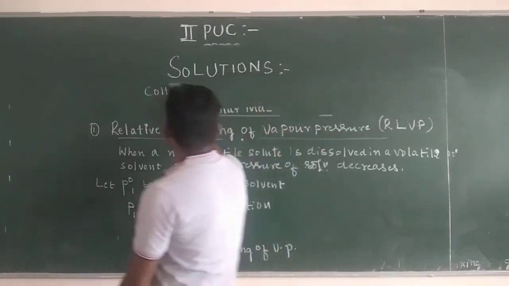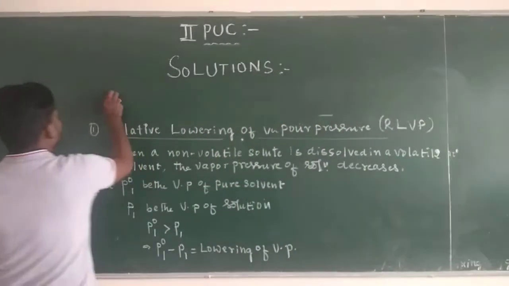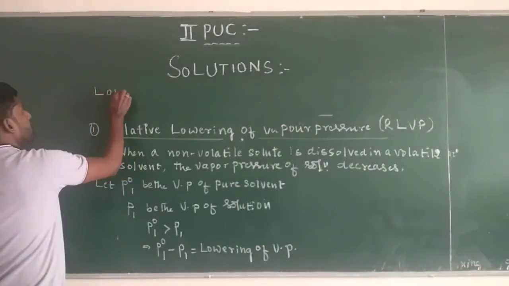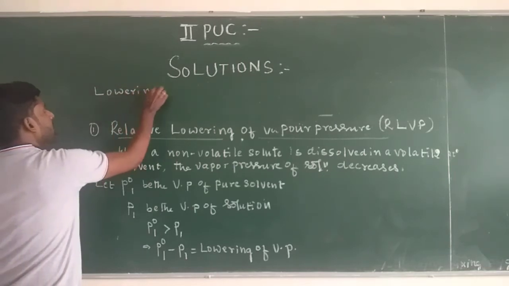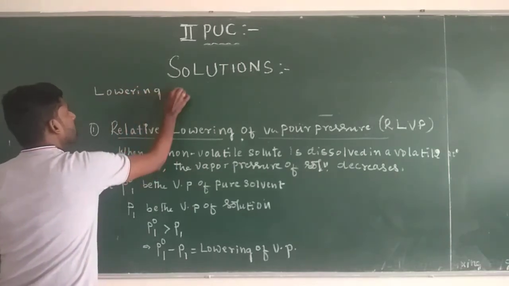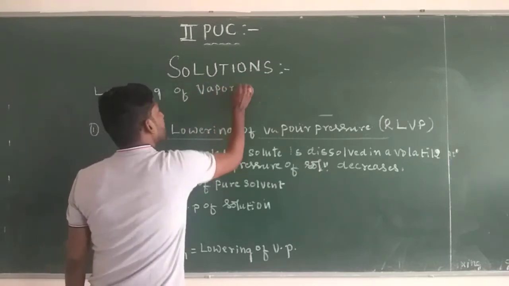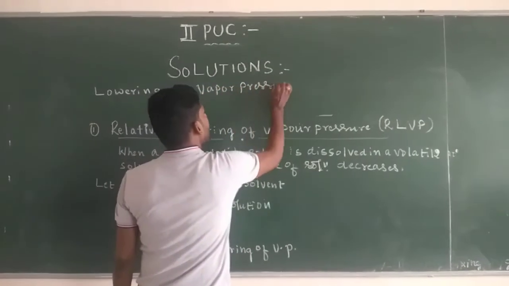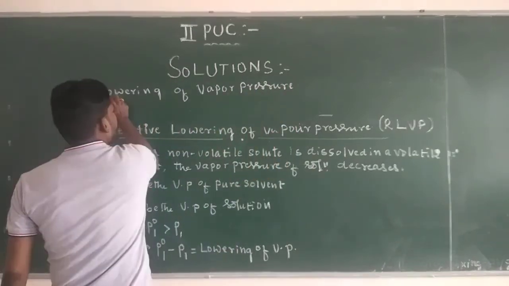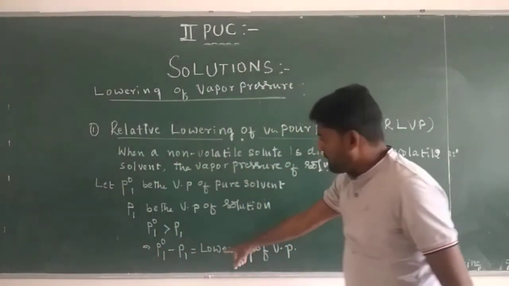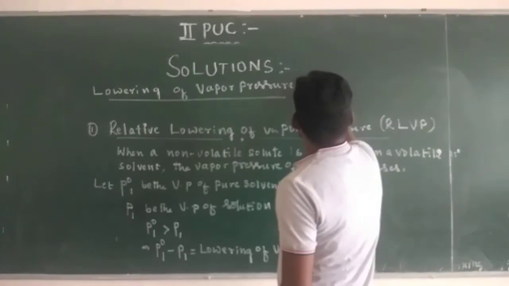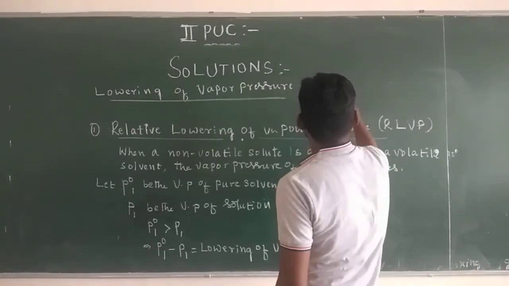Lowering of vapor pressure is nothing but P01 minus P1.